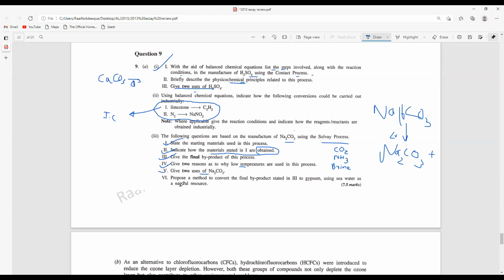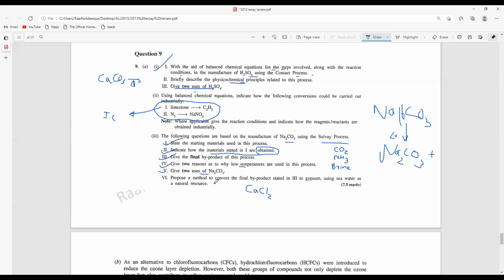Okay. So propose a method to convert the final byproduct. The final byproduct was calcium chloride. If you think about this question, you don't need to remember all these reactions.